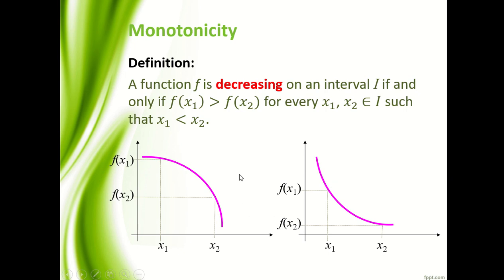On both of these illustrations, when you substitute the values of x sub 1 and x sub 2 into the function, it makes f of x sub 1 greater than f of x sub 2. So we can see that in both of these pictures the graph of the function is decreasing, from this height going to this height, and also from this height going to this height. Okay, so this is the definition for monotonicity in a decreasing scenario.